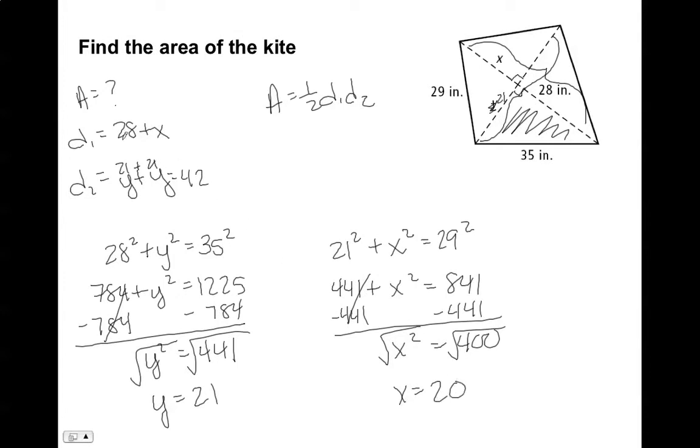And we get that x is 20. So when we substitute in up here, we get that the other diagonal is 48 units long.